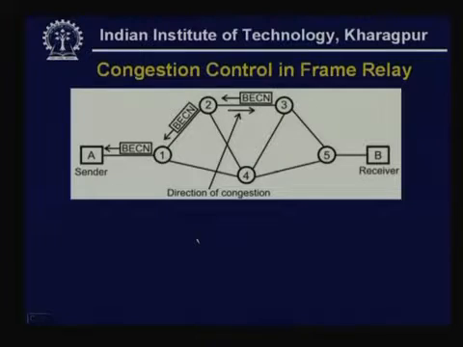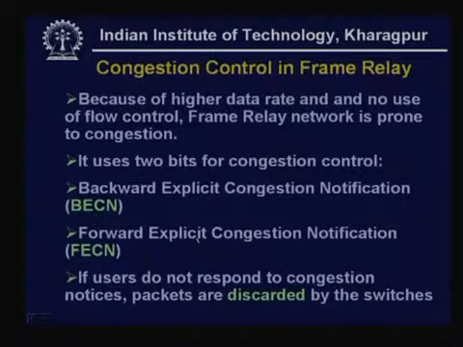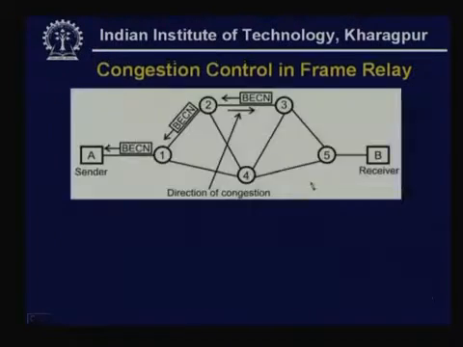Suppose this bit, BECN, stands for backward explicit congestion notification. Let us see how it really works. A packet is going from the sender in this direction, and it has been found that beyond this point in this direction, there is congestion.